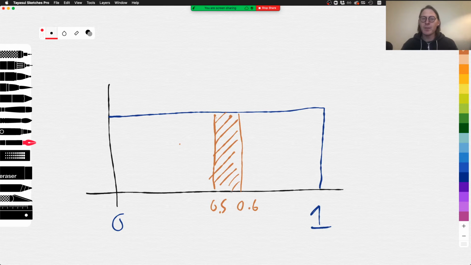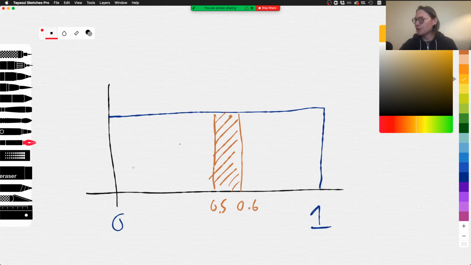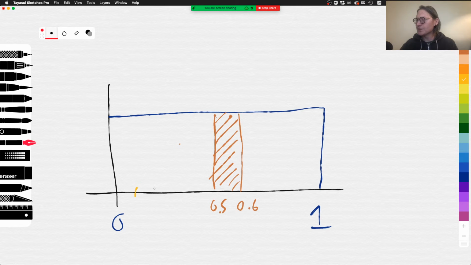So maybe a way to think about this is in a discrete way, right? If we break this down into its discretized forms, then we're really just looking at 1 over 10 or 0.1, right?